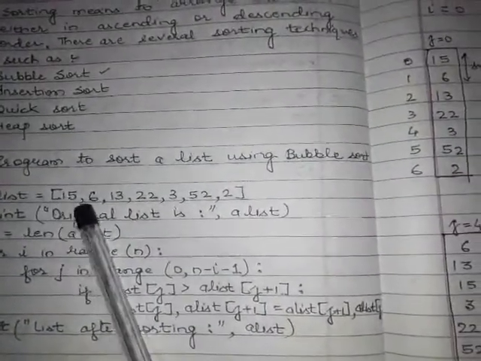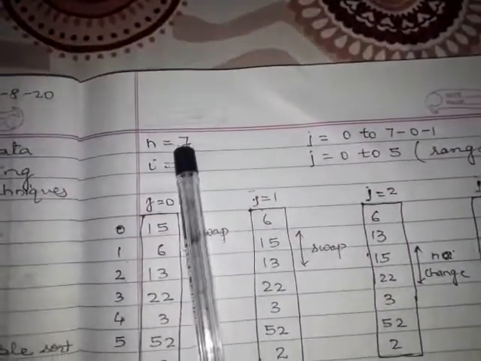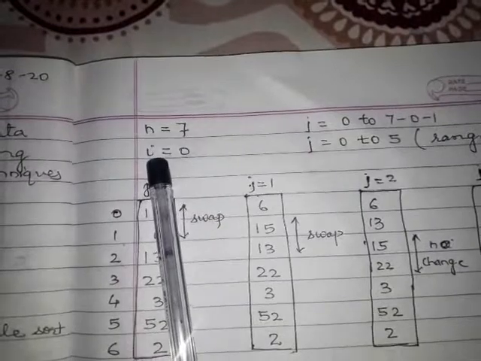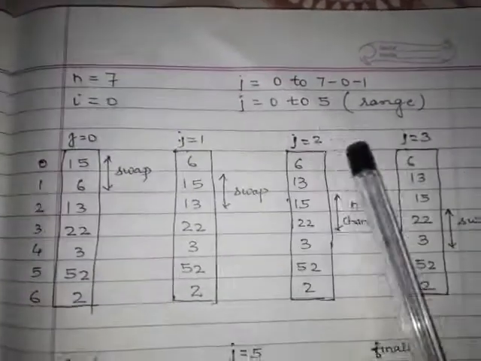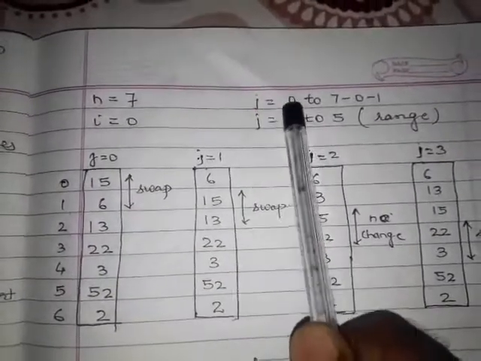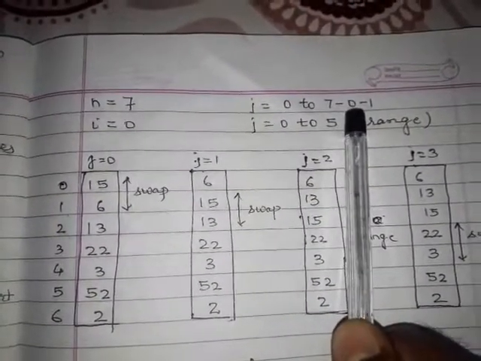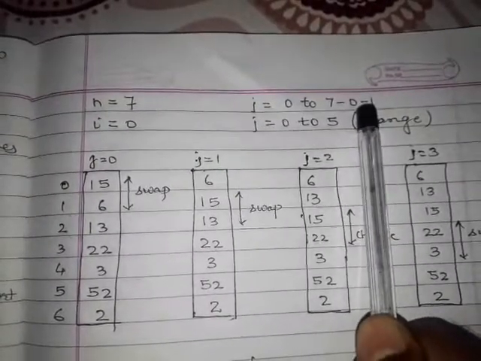Initially, the length of the list is 7, 1 2 3 4 5 6 7, so n is 7. Initially i is 0. These are all index variables. j is from 0 to 7 minus i minus 1, initially i is 0, so 7 minus 1 is 6.